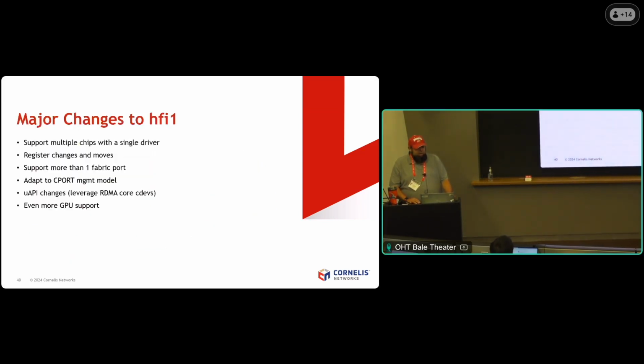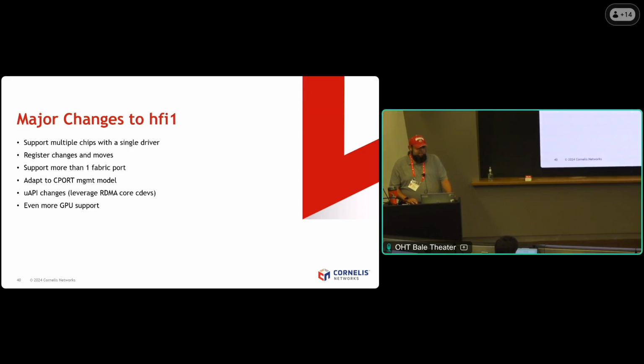This is just a summary of the major changes that we've had to make to be able to support multiple chips with a single driver. Changing registers, moving their offsets, even if they have a similar function between the chips, was painful. We had to figure out how to do that. I talked about having multiple ports now. The C port management model is totally new, and that took some doing.